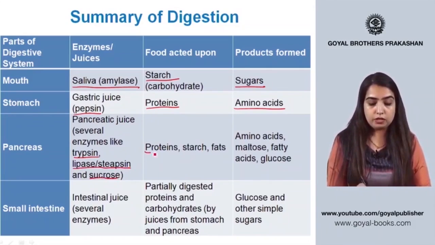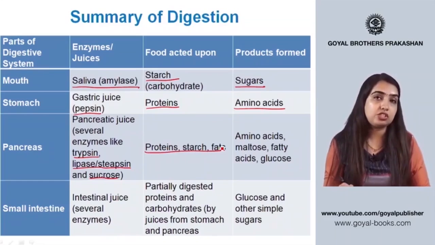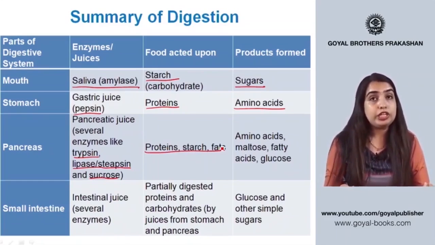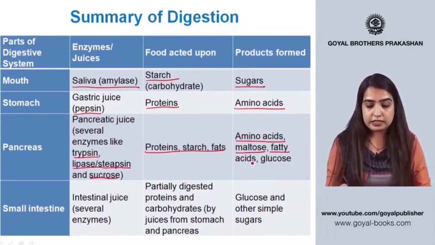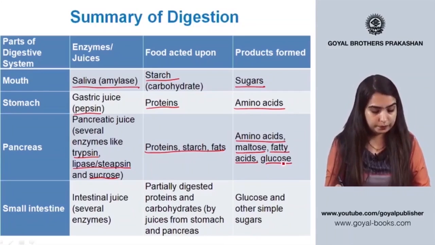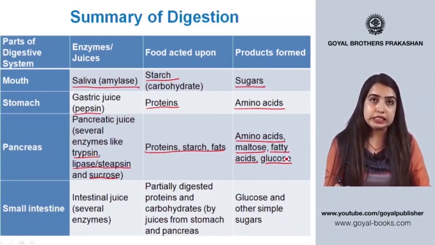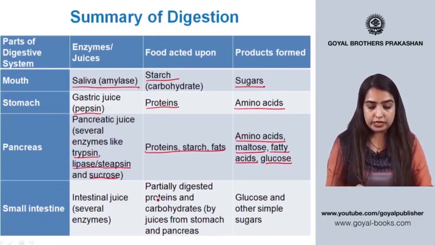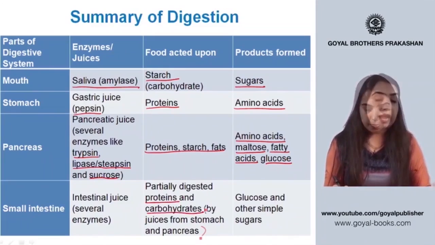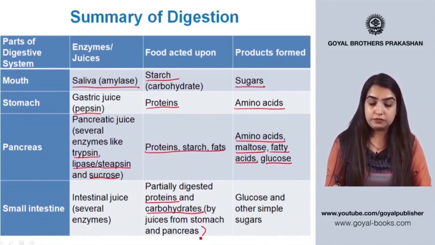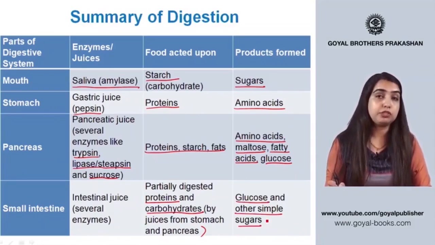These work upon proteins, starch and fats, which leads to the formation of amino acids, maltose, fatty acids, and glucose. In the small intestine, intestinal juice is secreted which has various enzymes. It works upon partially digested proteins and carbohydrates, and the products lead to the formation of glucose and other simple sugars.